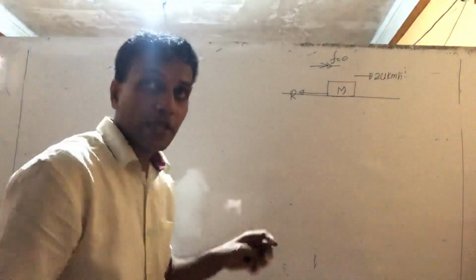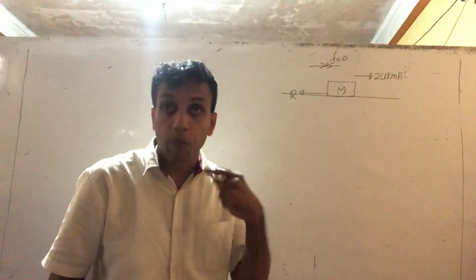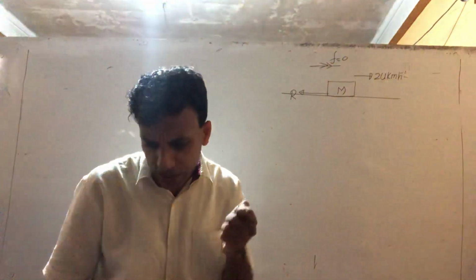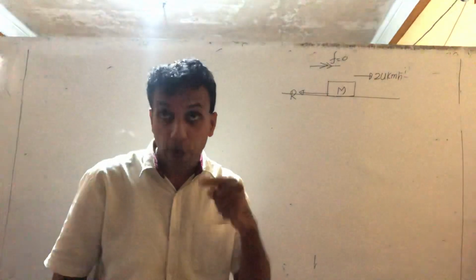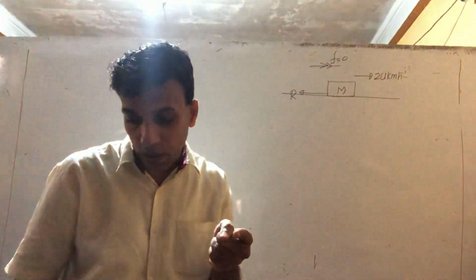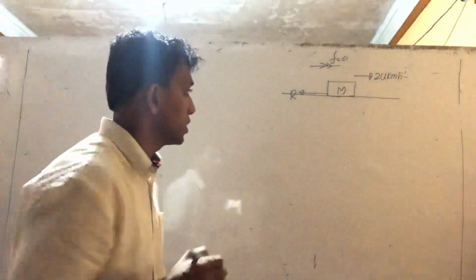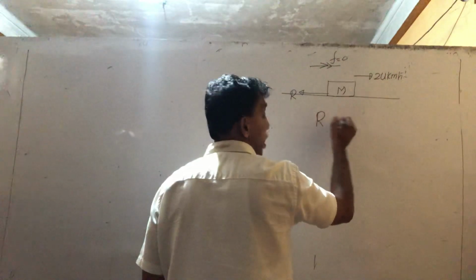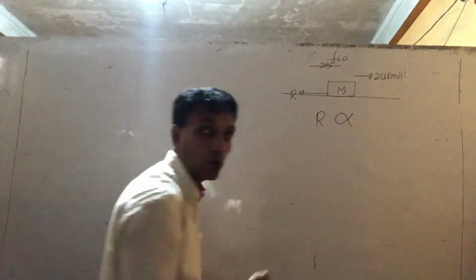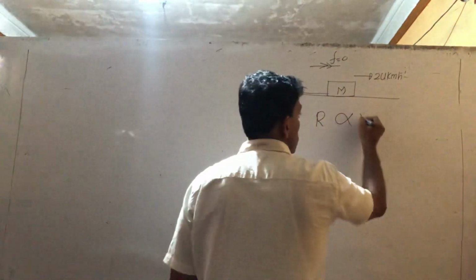Another thing: they mark that the resistance force is proportional to the velocity square. The resistance force to the motion is directly proportional to the square of the velocity. So in this case, R is proportional to velocity square.